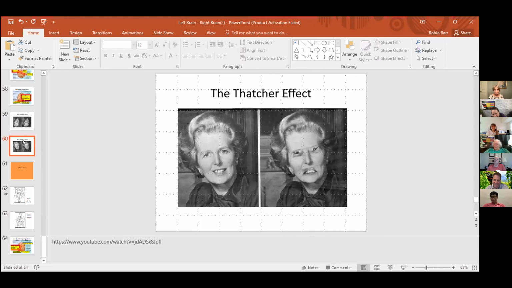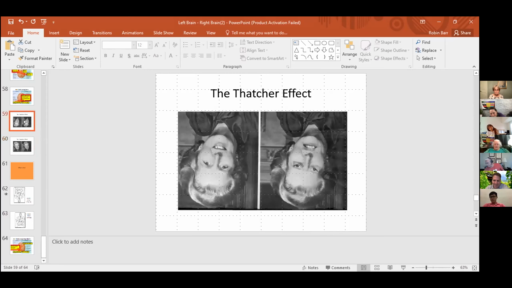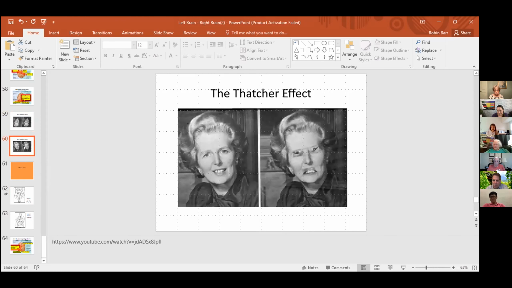You realize that the one on the right is just really zombie-like and appalling, whereas that didn't strike you as that weird when you looked at it upside down, because you weren't looking at it as a face. The mouth looks okay, the eyes look okay, and you're not looking at the context. Whereas here, suddenly it's just horrible. Shocking.